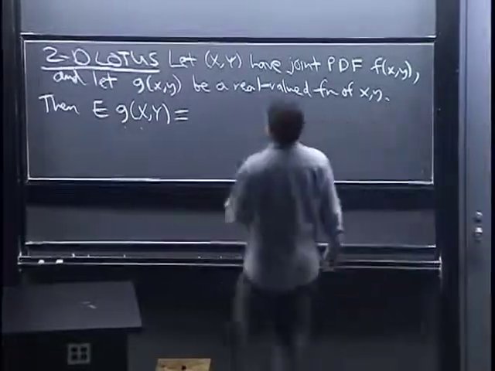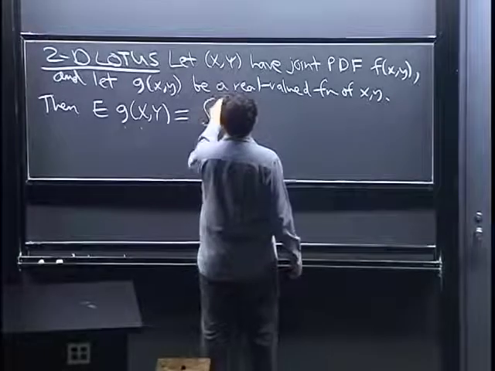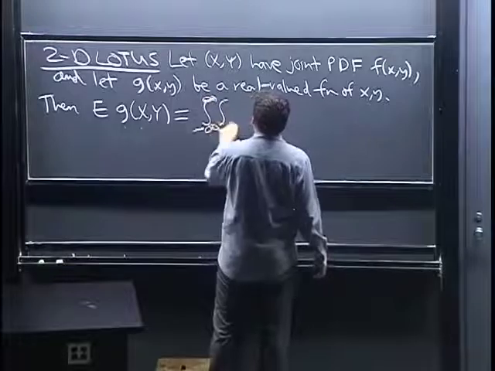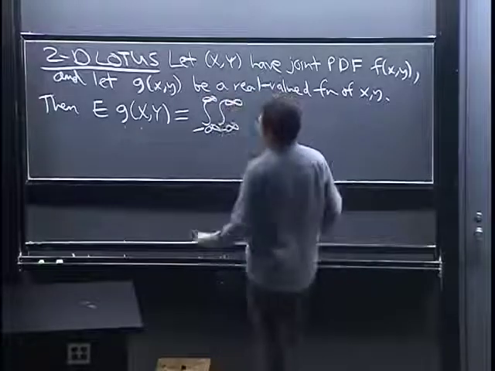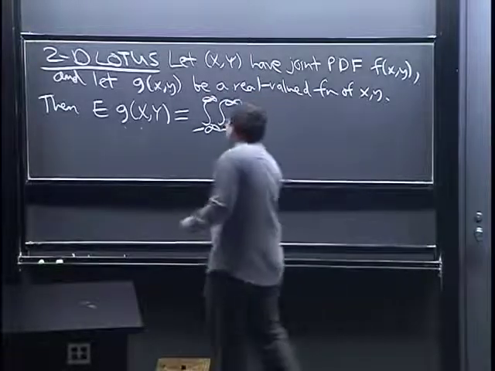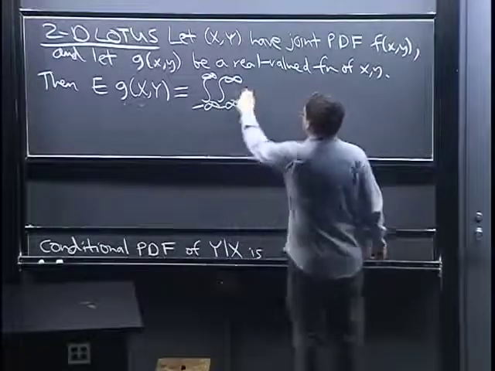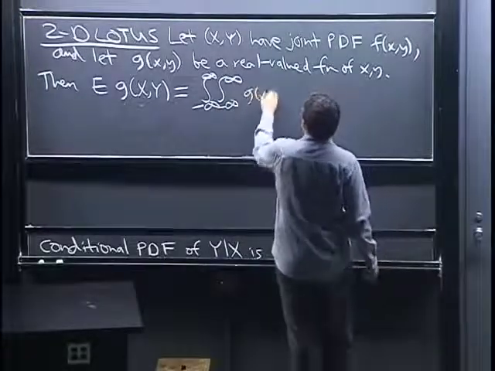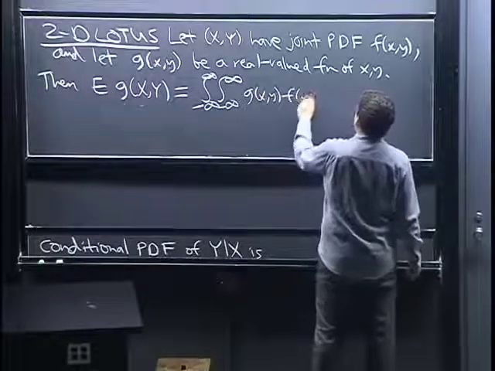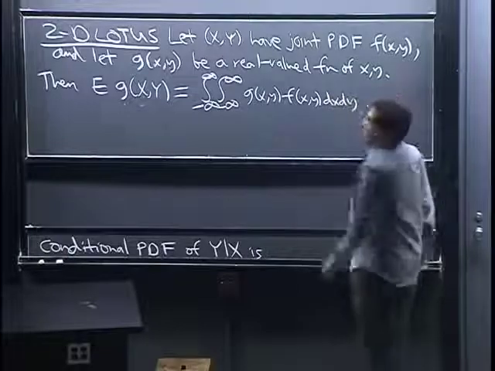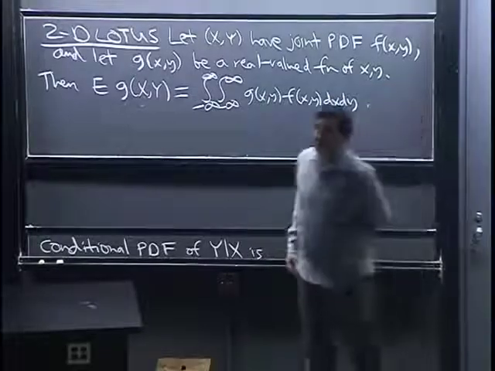And all we have to do is integrate. It's going to be minus infinity to infinity, minus infinity to infinity, but possibly we can narrow down that range. I just change capital X, Y to lowercase x, y, and then I use the joint PDF. Completely analogous.